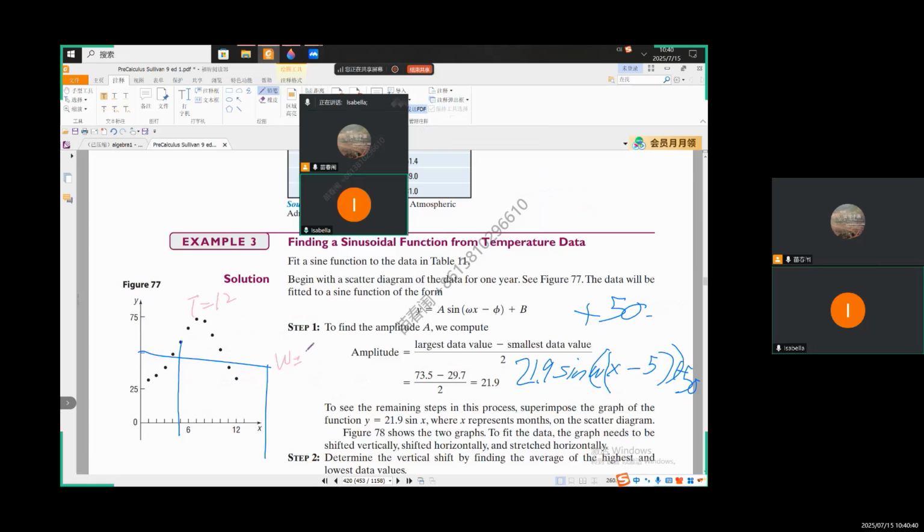Omega is the W. Yeah, 2 pi over 12, right? Or I can say 12 is 2 pi over omega, so omega is 2 pi over 12, which is pi over 6, right? Yeah. So this one is pi over 6.